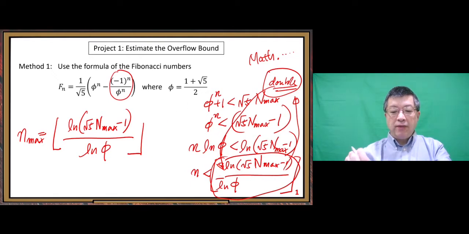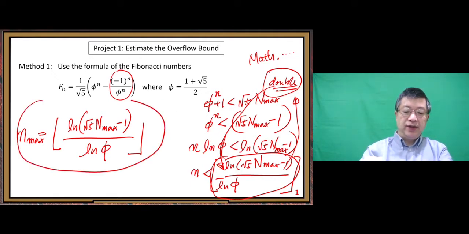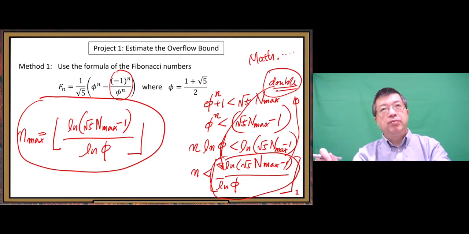So in your program, you just do this calculation, output it and see what that number is. That is for method 1.